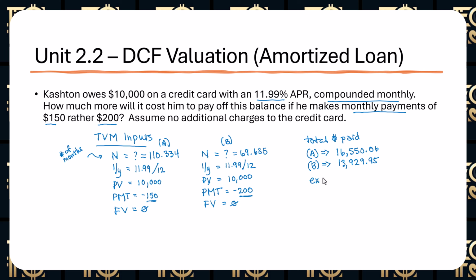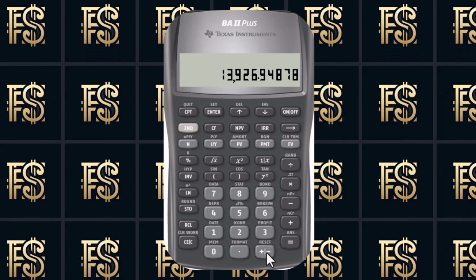So the extra interest paid is simply the difference between those two numbers. I'm going to put a minus sign in front of that. I'm going to hit the plus sign, and then I'm going to type in that first number that we found, the $16,550.06.